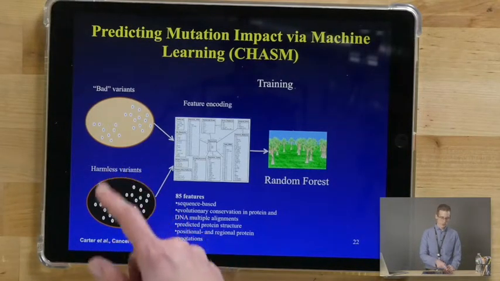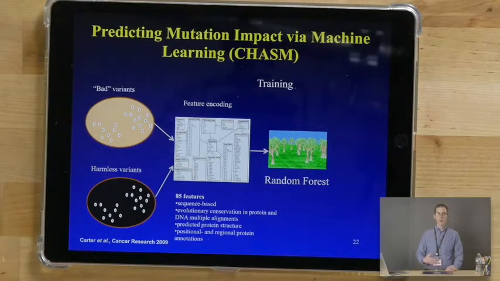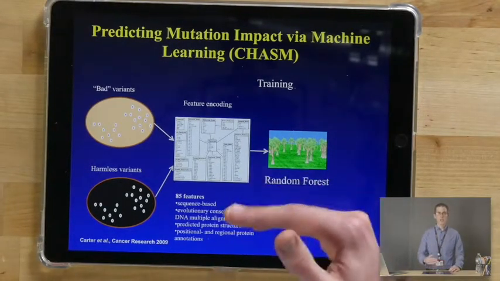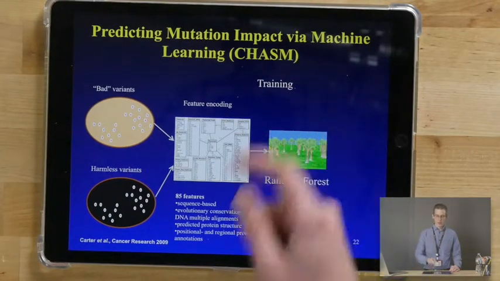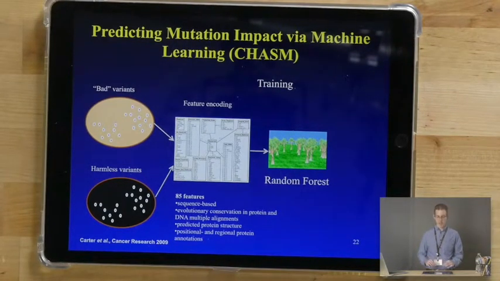And then you have another set of mutations that are fairly neutral or aren't providing an advantage to cancer cells. The goal of machine learning is to encode these mutations, or variants, with a set of features that describe their properties. In the method CHASM, it uses 85 different features that describe the properties of a mutation.